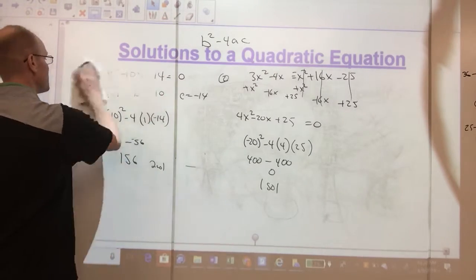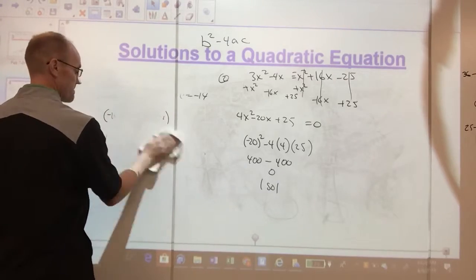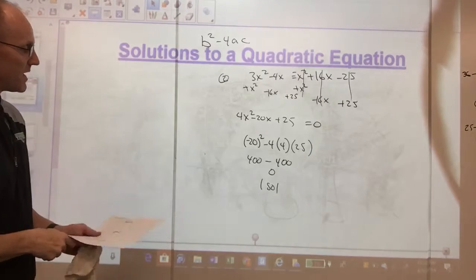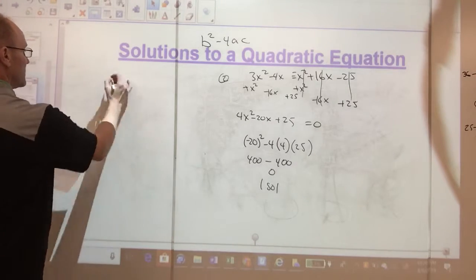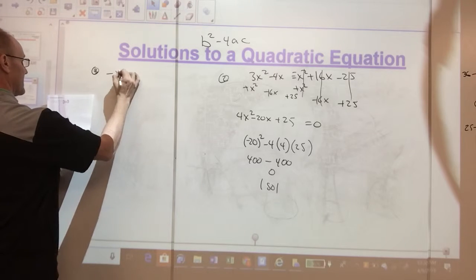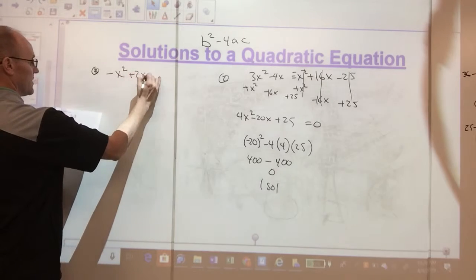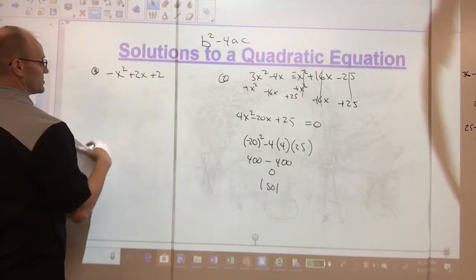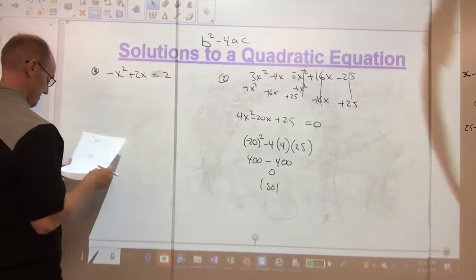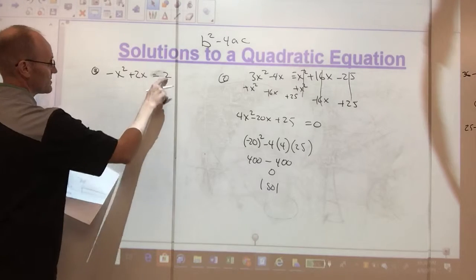All right, last example. Let's look at problem 3. Remember, if you need to, go ahead and pause the video. We're going too fast here. Number 3 is negative x squared plus 2x plus 2 equals 4. Sorry, equals 2. So I need to move this over.